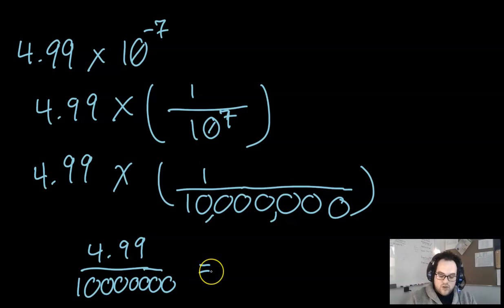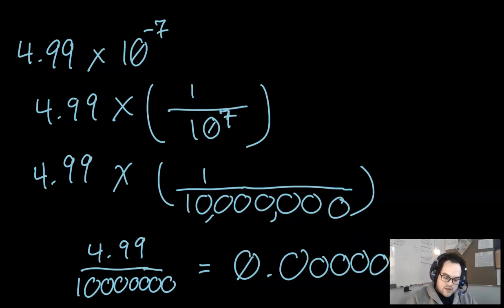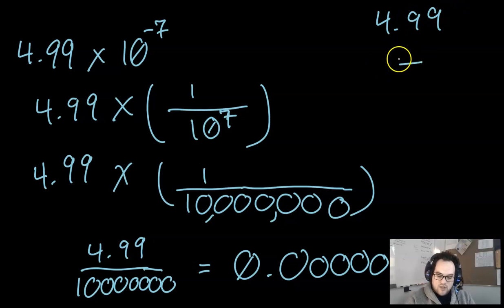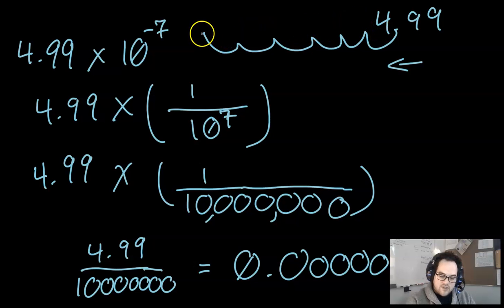What you'll get when you do that is 0.000000499. And you'll notice there's only 6 decimal places to move here. That's because when you have 4.99 and you move the decimal this way, you have to move it once past the 4, and then you have 6 spots to move it. 1, 2, 3, 4, 5, 6.